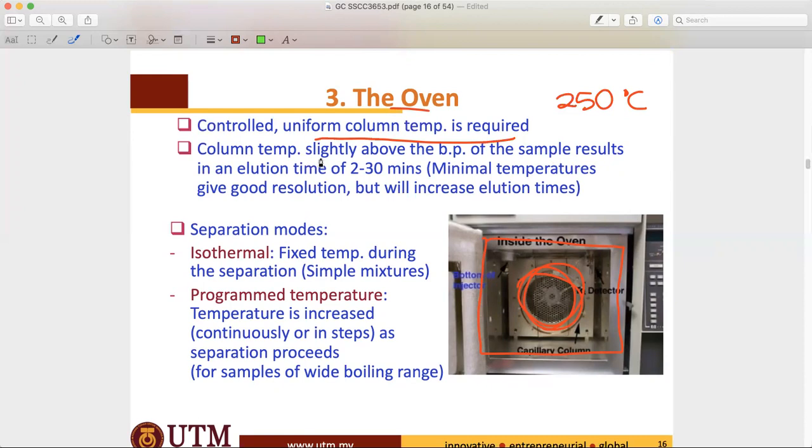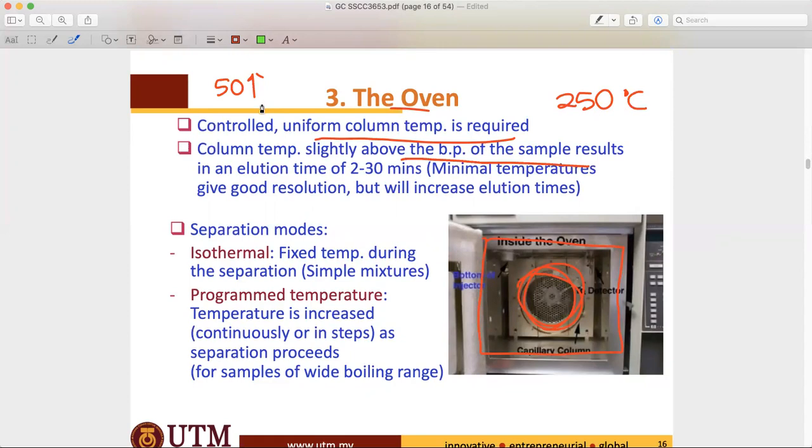The column temperature would be slightly above the boiling point of the sample, which results in an elution time of 2 to 30 minutes. For example, as you have learned for the injection port, usually we set it 50 Celsius much higher than the least volatile component.